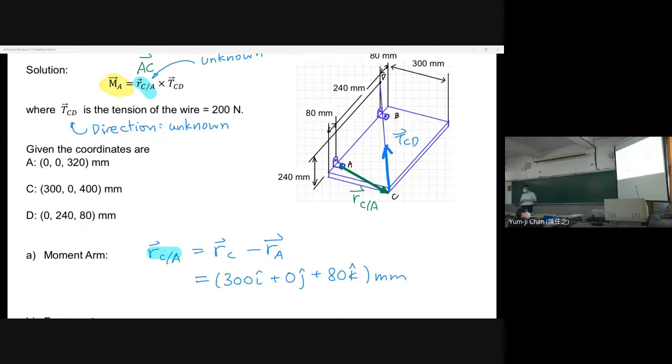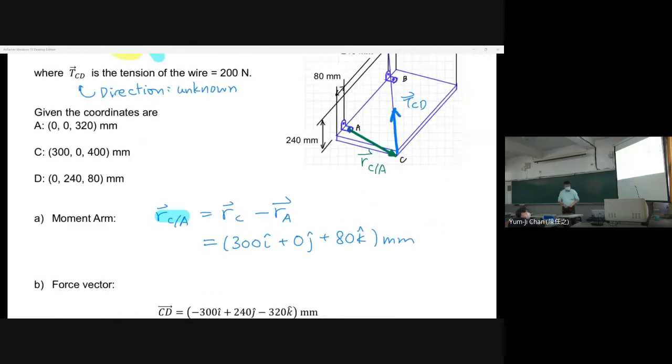And for TCD, we know the magnitude of TCD, but we don't know the direction of TCD. So how do we calculate the direction of TCD?